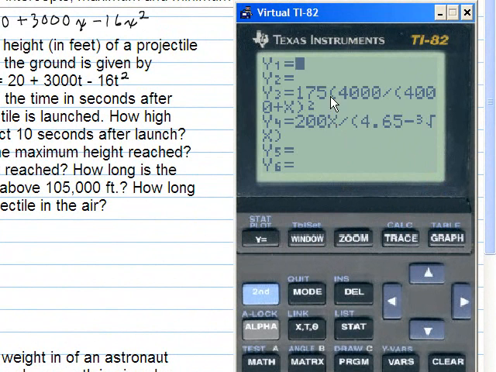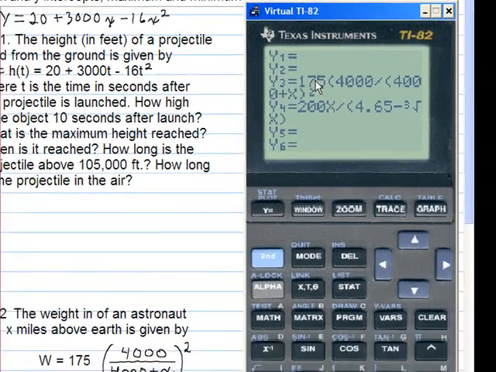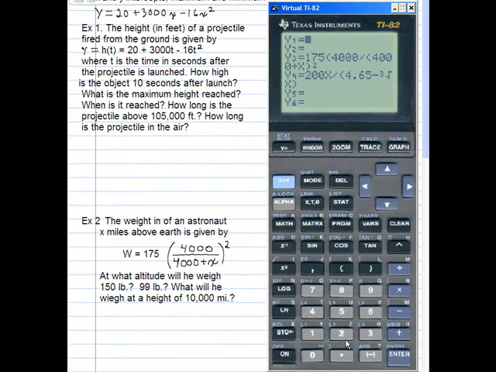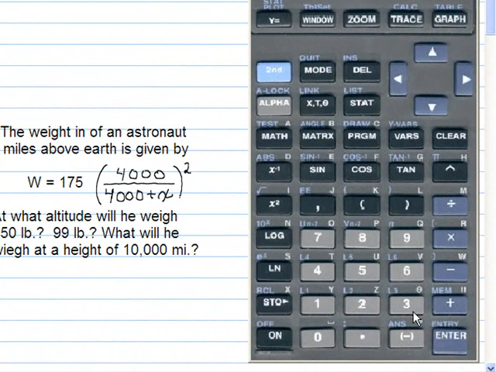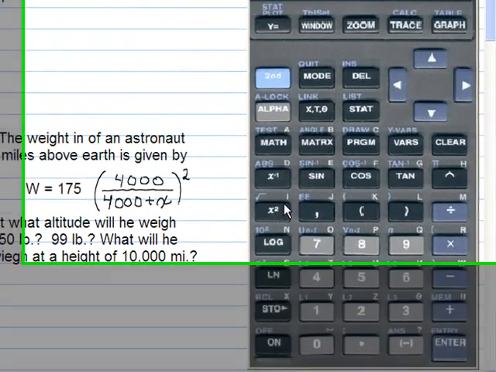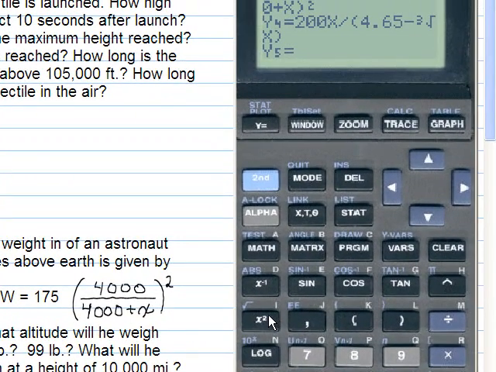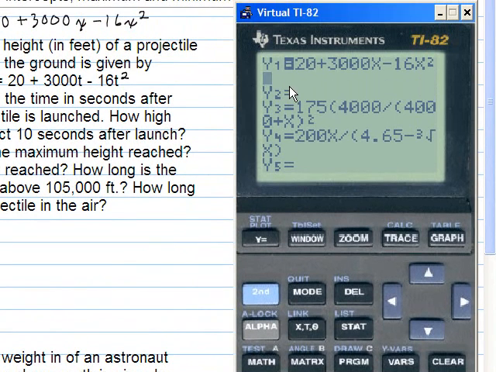You'll notice I've put some in for later examples to save time, but let's enter this one. So it's y equals 20 plus 3000x minus 16x squared. And we've got the basic function loaded in the calculator. There's nothing to delete from a previous function.